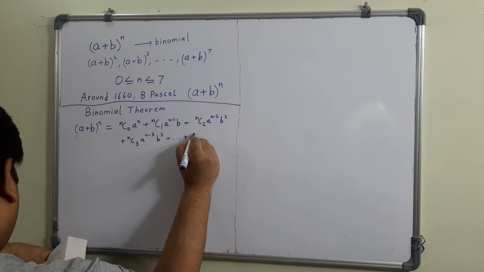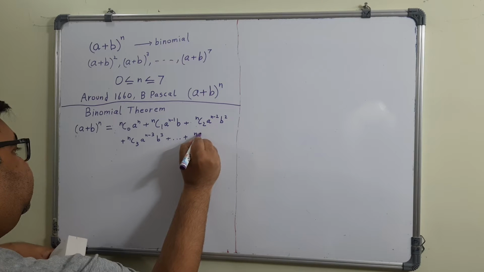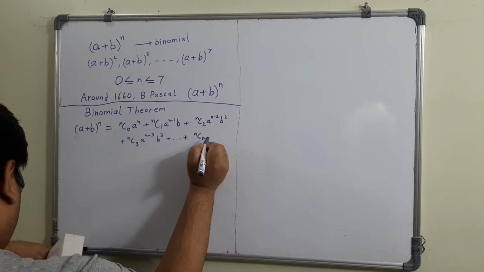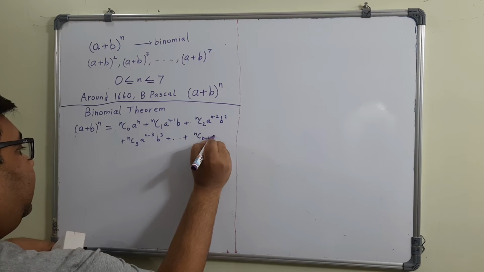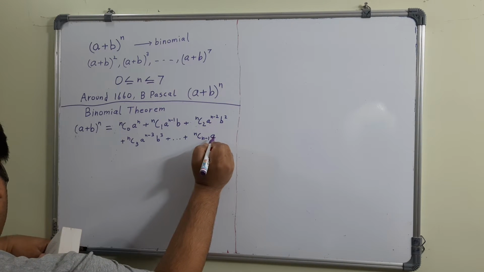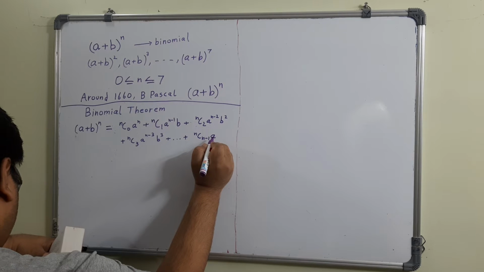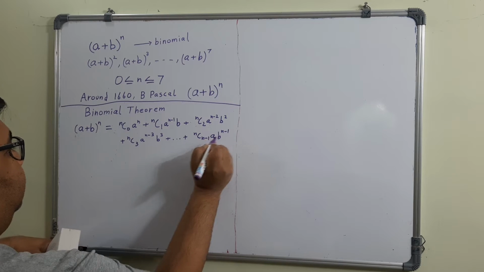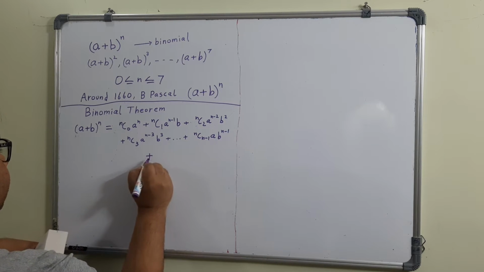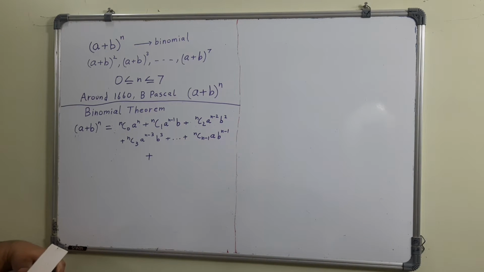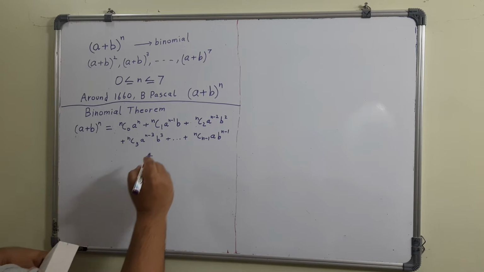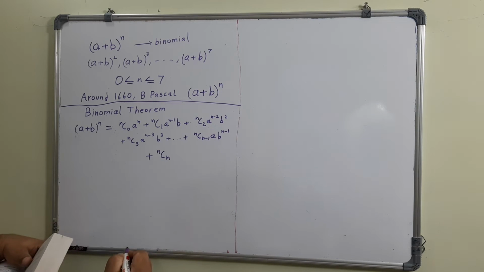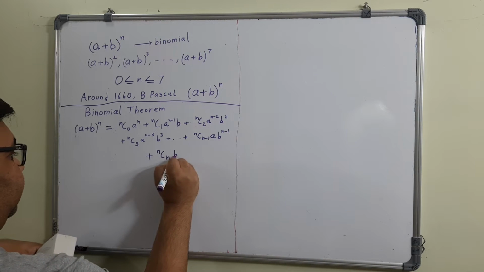plus nC(n-1) a b^(n-1), plus the final term, the last term, which is nCn b^n.